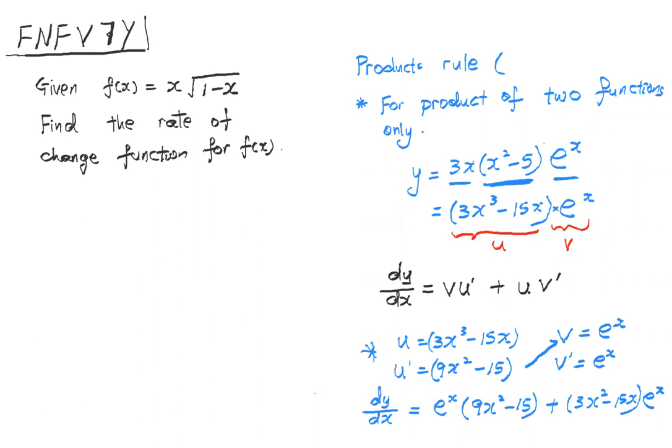Correct? We have seen that. So if all these cannot be done, I have to look at the function given to me. Is it a product of two functions? If it's a product of two functions, then I apply product rule. That is how your thought goes.